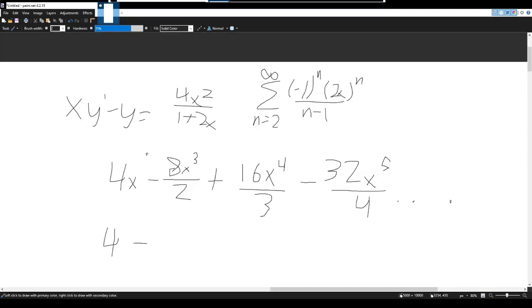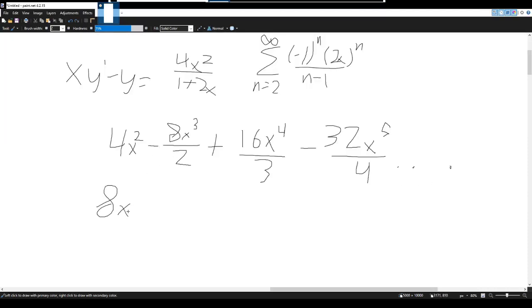I think I missed something. This should be squared. So this is okay. Yeah, so this is squared, right? Because it's 2, 3, 4, 5, right? So that would be 8x, not 4.